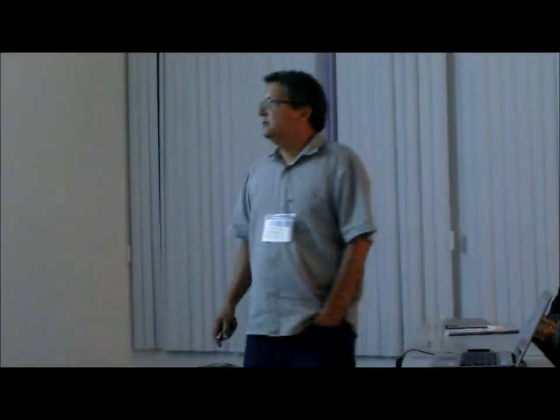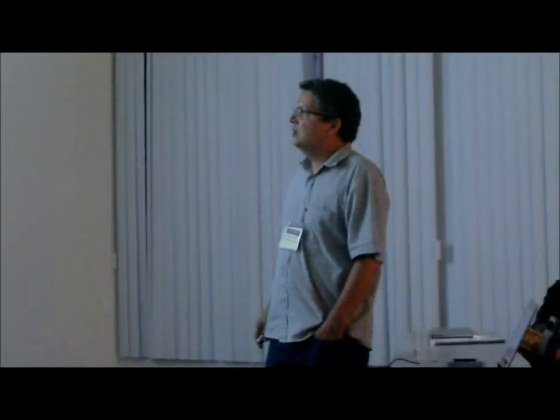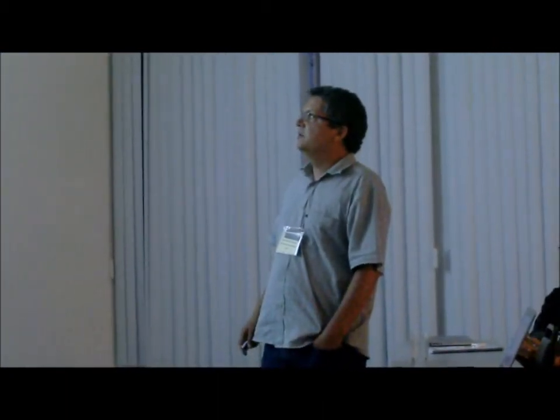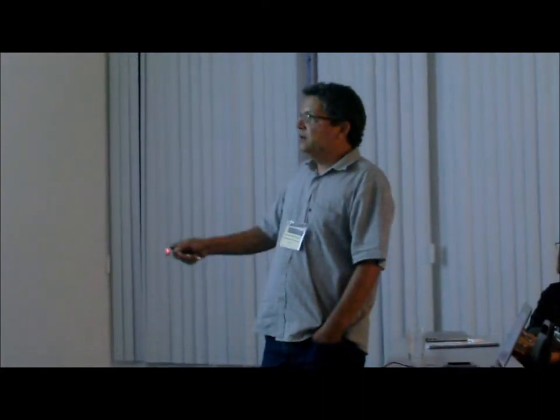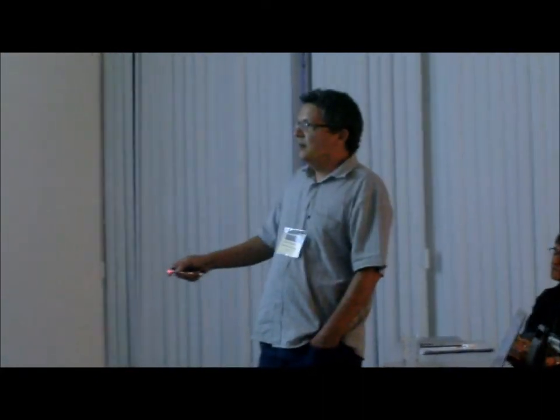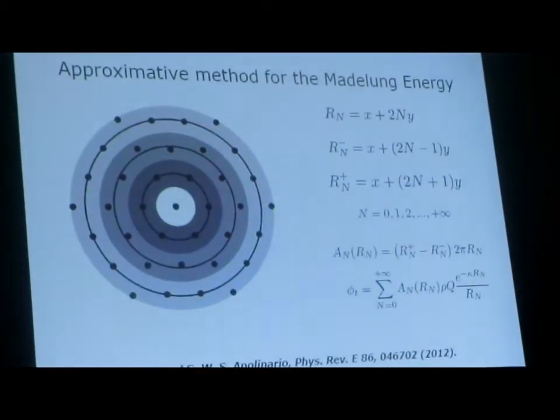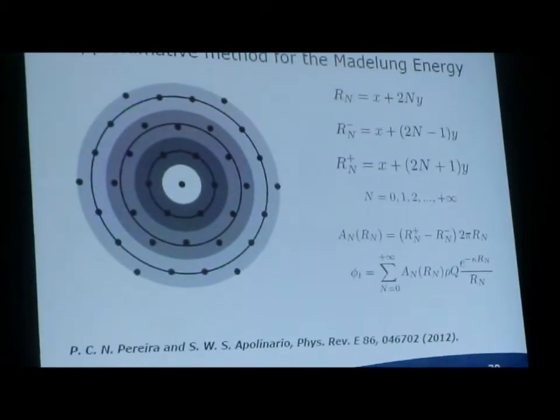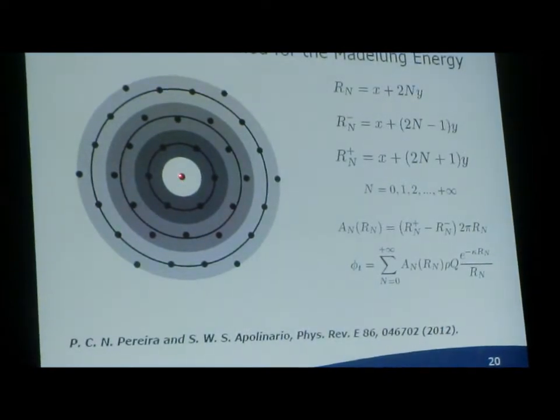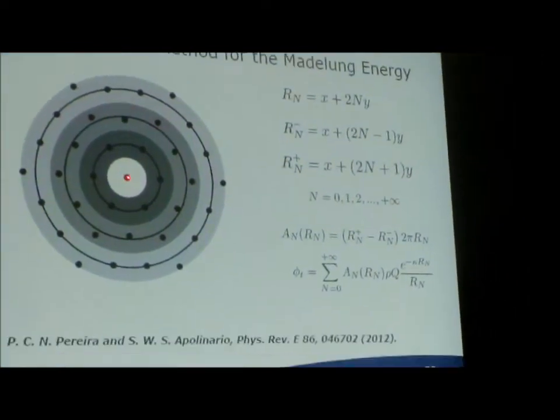So that's the way to obtain a closed form expression for the Madelung energy. I will discretize my triangular lattice. This is a part of the triangular lattice where I want to calculate the Madelung energy at this center point, right?